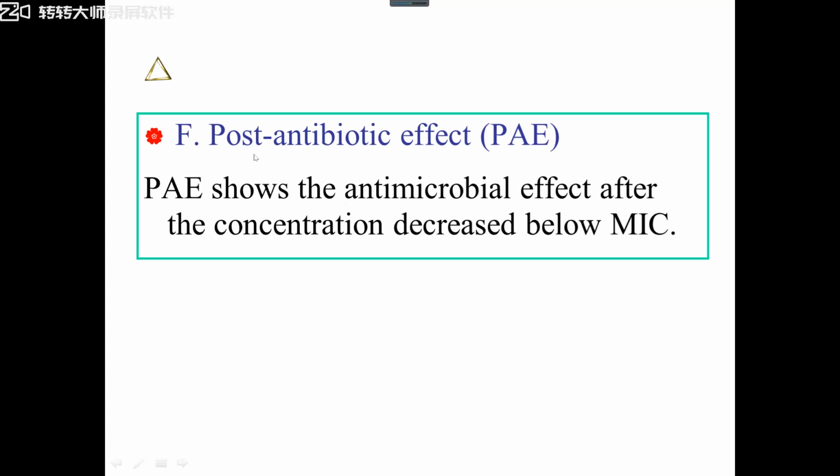So we call this effect post-antibiotic effect, such as aminoglycosides, streptomycin, and gentamicin, which we will study later. These aminoglycosides have an obvious post-antibiotic effect. It means when we withdraw the aminoglycosides, streptomycin or gentamicin can still kill bacteria in the body. We call this post-antibiotic effect.